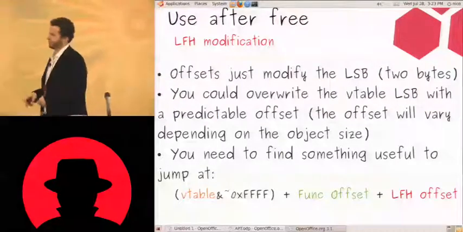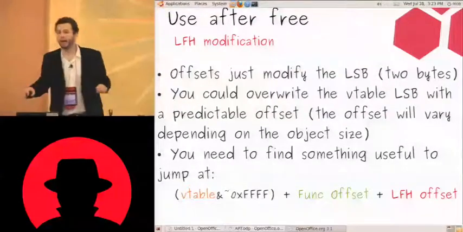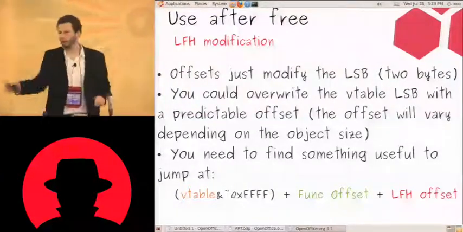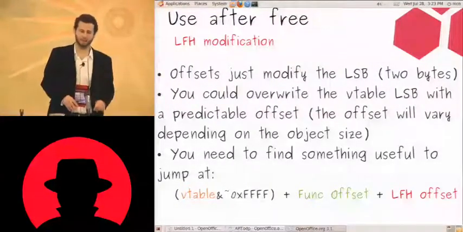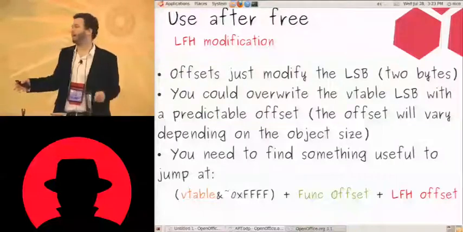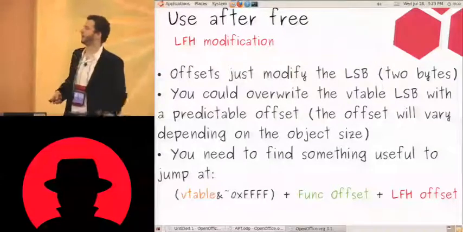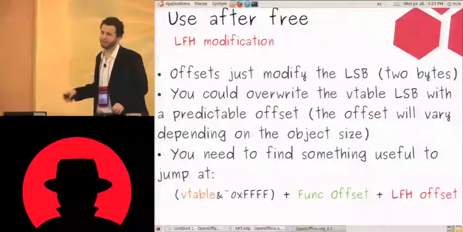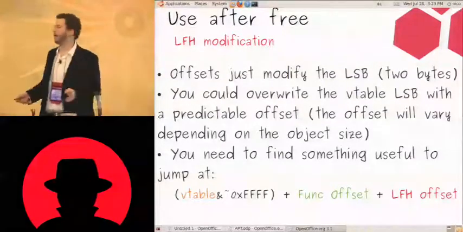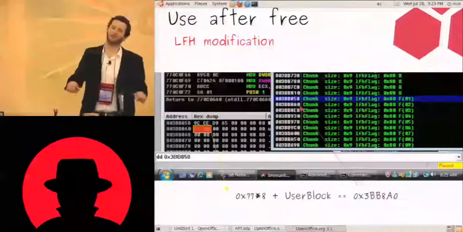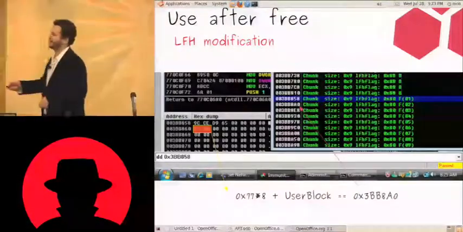So you could potentially find a way to call a function or call your heap spray by doing this trick, which is in a way what they were doing on the use-after-free bugs, but in a controlled way, because you can kind of predict the offset to the next one.